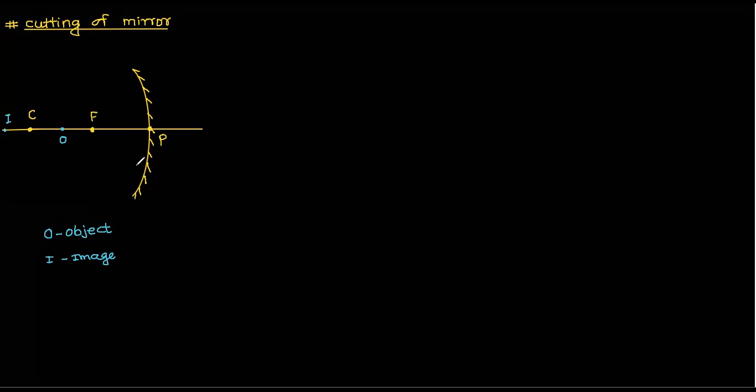Now this is the initial situation. The object is between C and F. I is the image and it is beyond C. Now I am cutting.